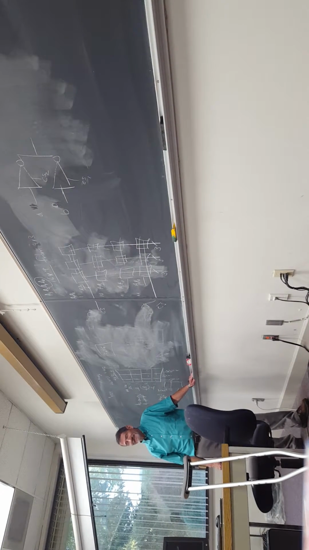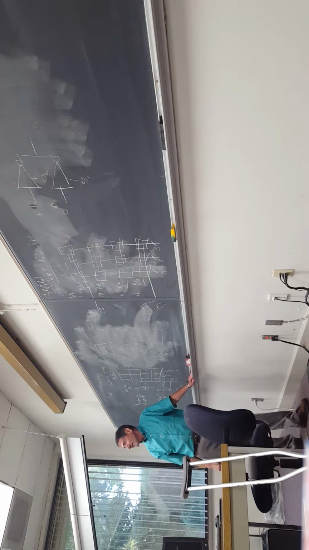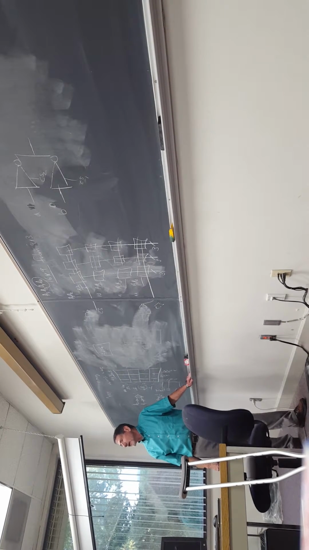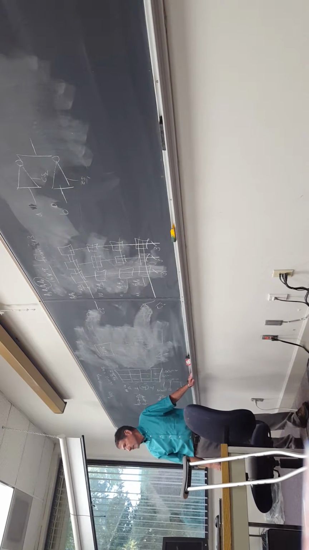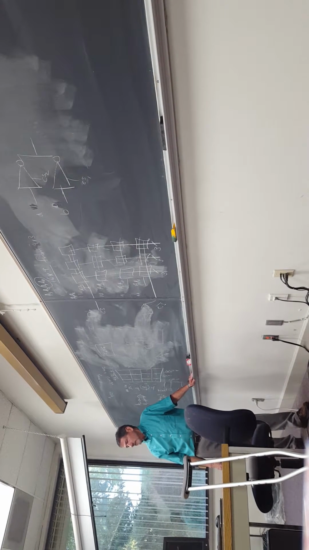Eight. Address lines? 9. Yes, 9 address lines. If you wanted to make a 1024 by 16 memory, how many of these chips would you need? Need 4. Correct? Okay.